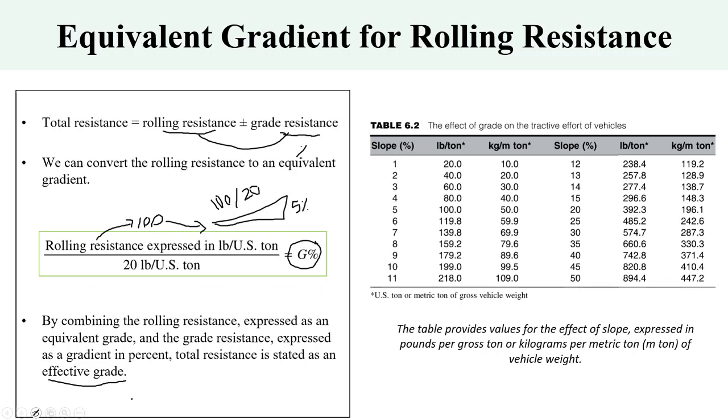The combined impact of the rolling resistance and the grade resistance is converted into the equivalent grade. So we consider that there is no rolling resistance, but there is a higher slope, or a higher grade.